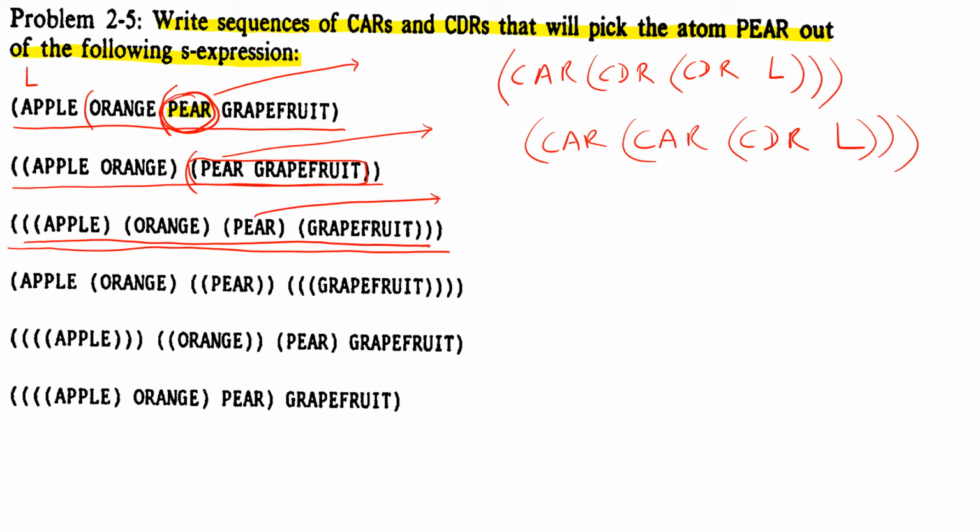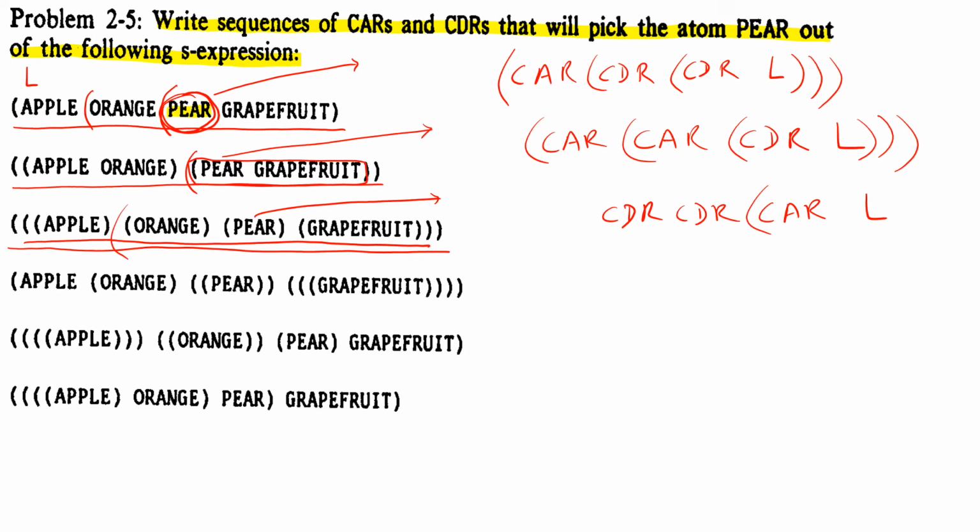So if L is bound to that list, first we will take a CAR, which will give us the first element, because the list only contains one element, so we get that element itself. Then we take a CDR which will give us a list containing three elements: orange, pear, and grapefruit, as lists by themselves.